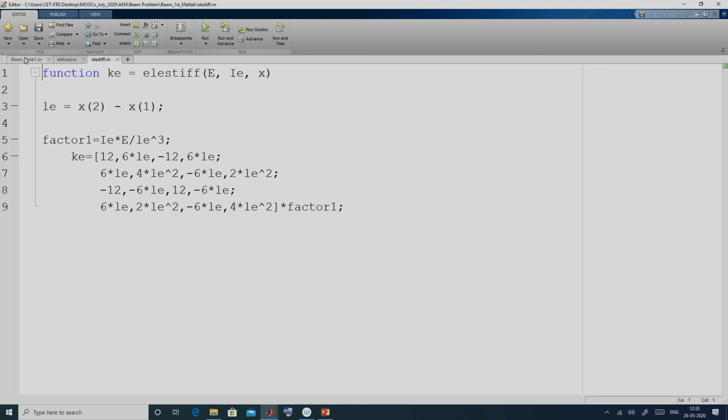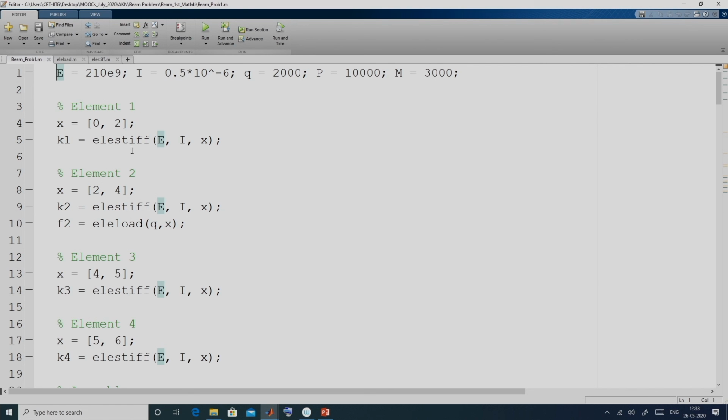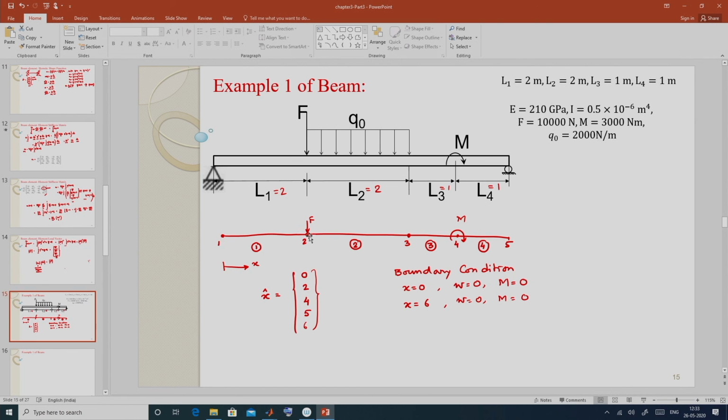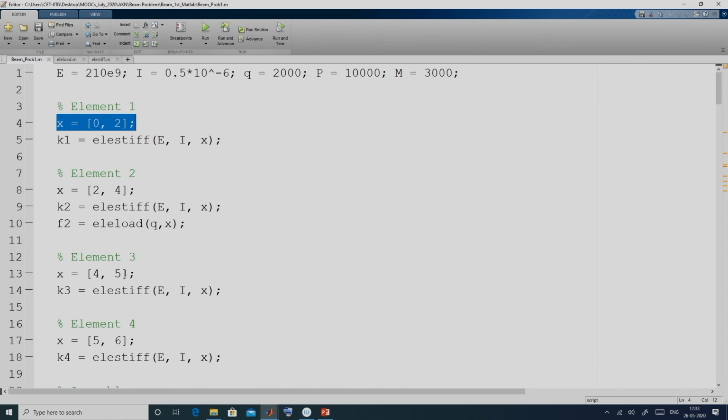Now, if we see the main program, here for each element the only thing which is changing is the nodal coordinate for that element. So, for first element 0, 2, for second element it is 2, 4, for third element 4, 5 and for fourth element 5, 6.